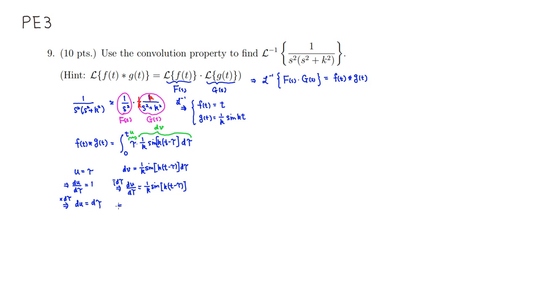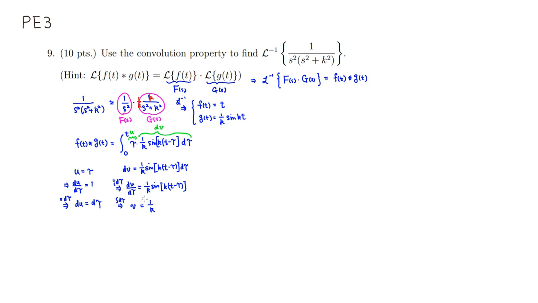Then if you take the antiderivative with respect to tau, v is the antiderivative of this. 1 over k is just a constant, so I'll leave it there.